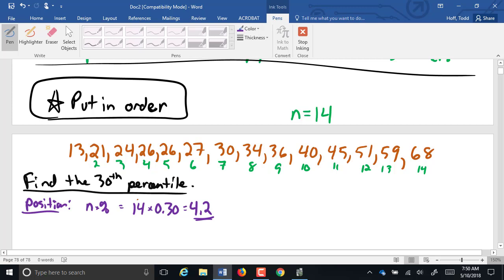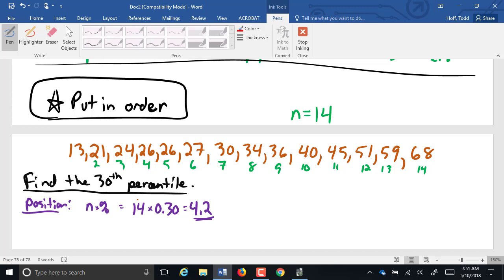So now we're going to go back and expand on the rule that we put out there for median. For median, we talked about if n is even or if n is odd. Well, the reason it's different is because when n is odd, the location of the median was a decimal, wasn't it? In the median's case, it's always going to be 0.5.